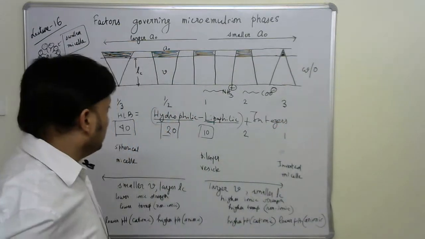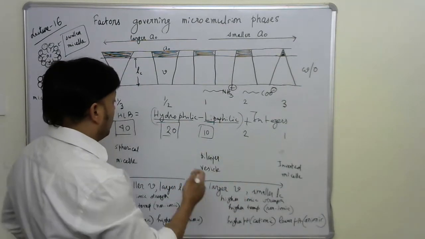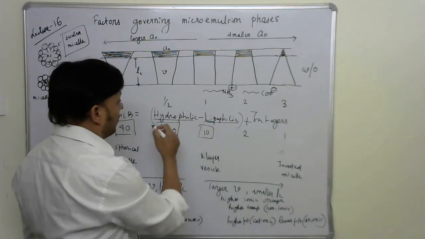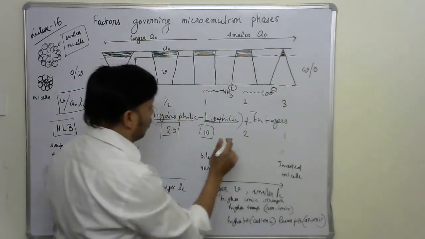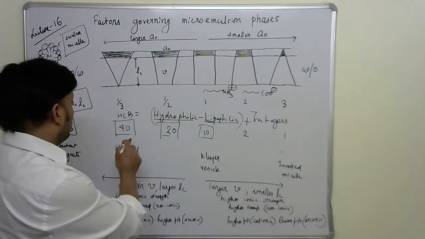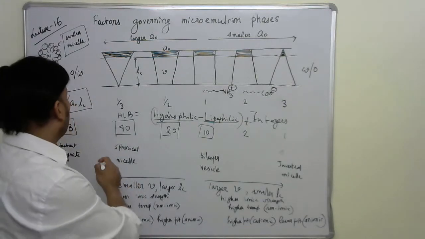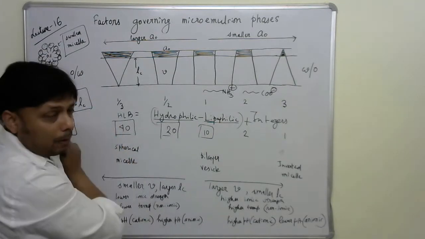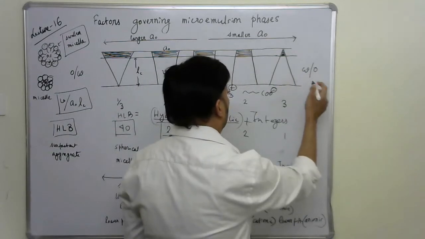So now, if we have a high positive value, that means the hydrophilic part is much greater than the lipophilic part. Now, if the positive value gets smaller and smaller, the lipophilic part predominates. So now here we see for having a greater HLB number, we have a tendency of oil in water microemulsion, and for a lower HLB number, we have a tendency to form water in oil.